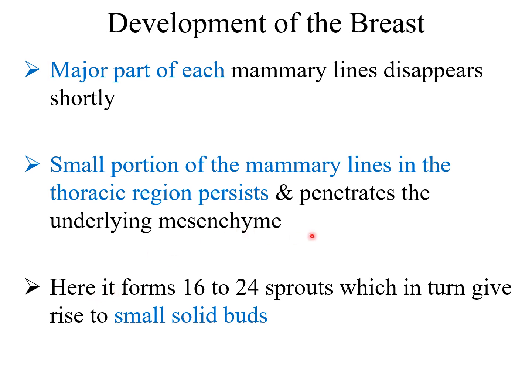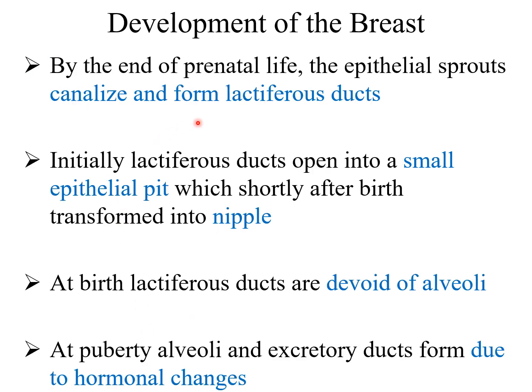As they penetrate the underlying mesenchyme, they become more proliferated, and here they form 16 to 24 sprouts, which in turn give rise to small solid buds. And these small solid buds start to penetrate inside the tissue. By the end of prenatal life, the epithelial sprouts canalize and form lactiferous ducts.